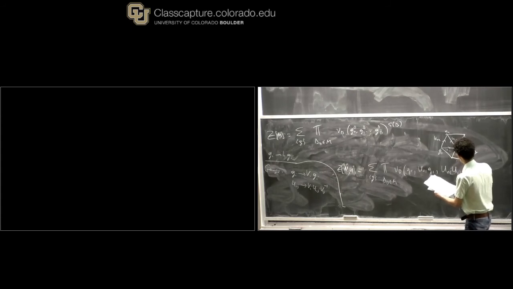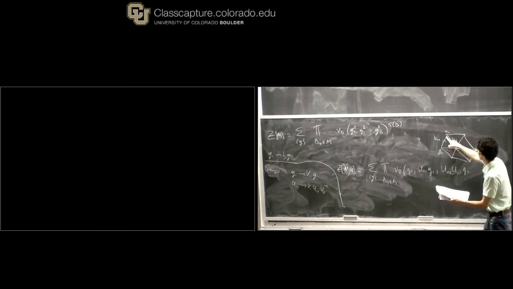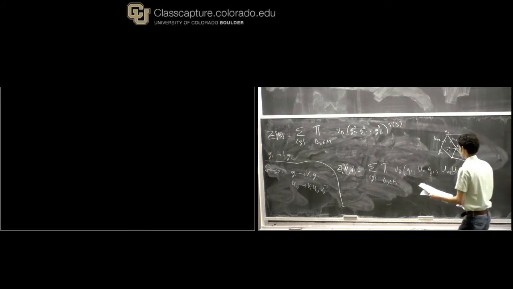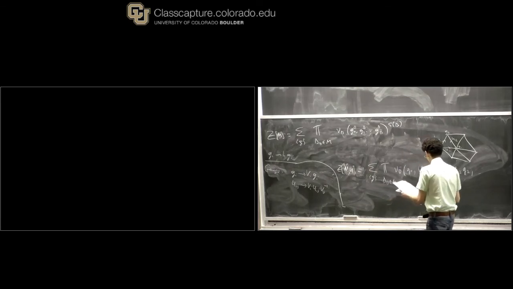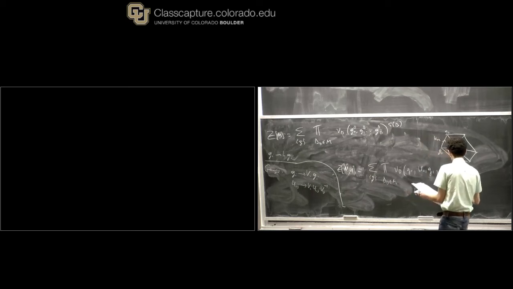Well, in fact, it is a Wilson line. And then for G2, we do U01 U12 G2, etc. And then for the last vertex, we'll have U01 U12 and so on, up to GD.